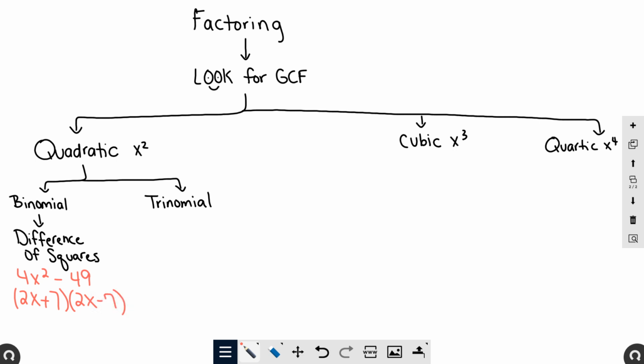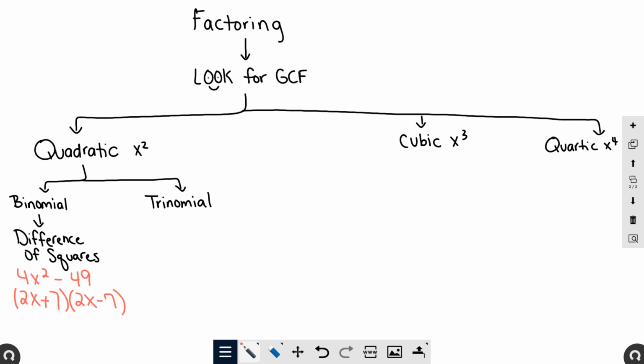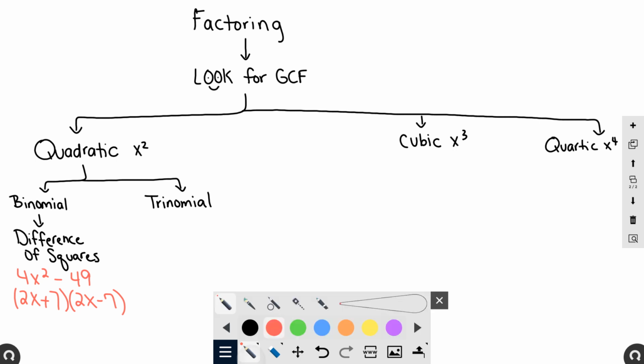So if it is a quadratic, it has power of x squared, and a binomial with 2 terms. You check to see if it's a difference of squares, and if it is, you factor like this problem here. 4x squared minus 49 factors to 2x plus 7 and 2x minus 7.